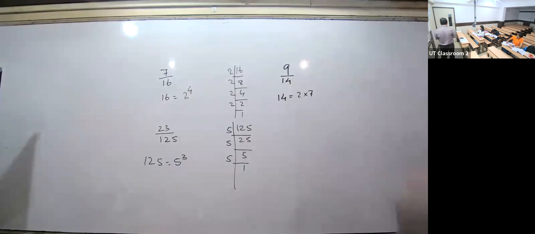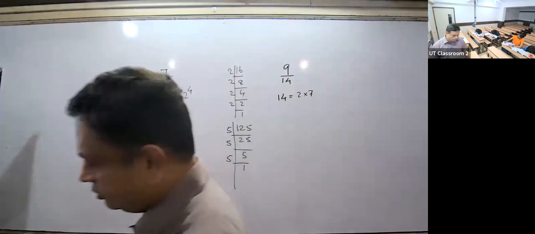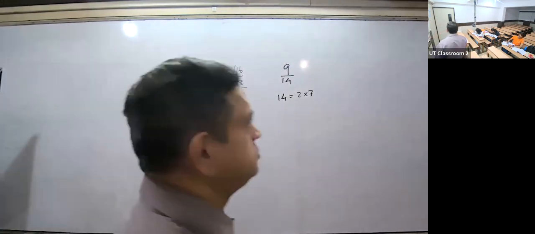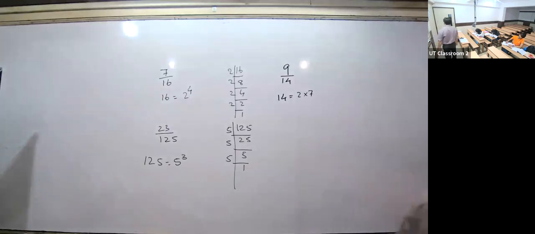So you write: the denominator has a factor other than 2 and 5. Therefore, non-terminating recurring.